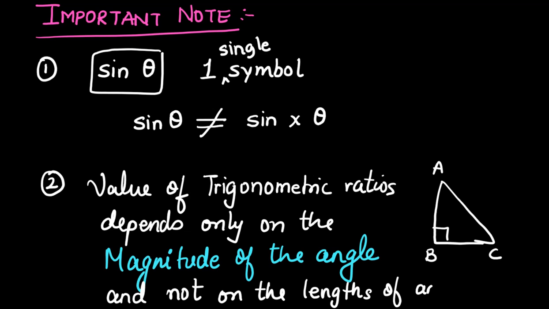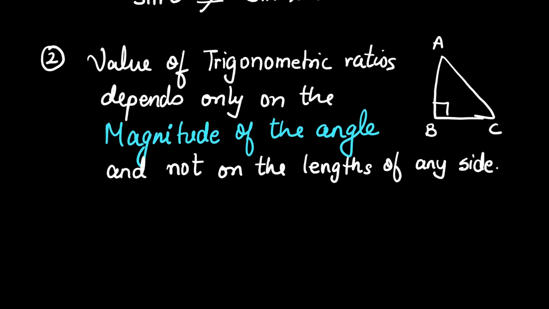Okay, this means the value of trigonometric ratio depends on the angle. That means I'm talking about this theta only. It has nothing to do with, for example, if I write AB 4 centimeter, and if I draw like this 4 centimeter, or like this 4 centimeter, it does not depend on the length of any side.